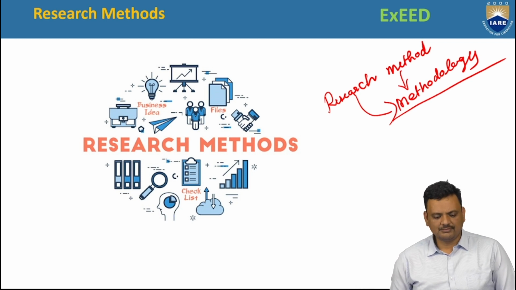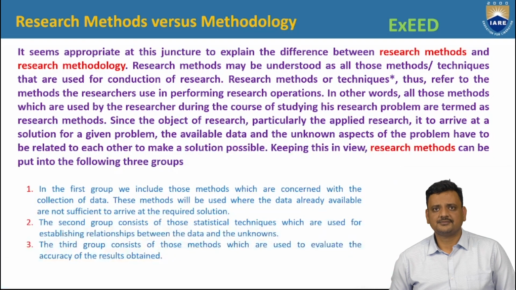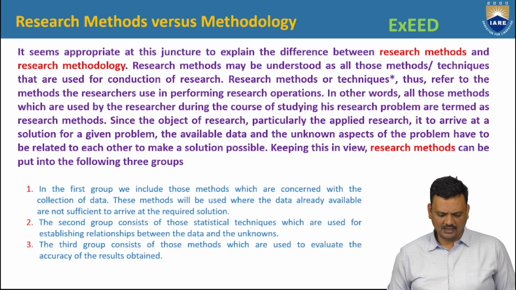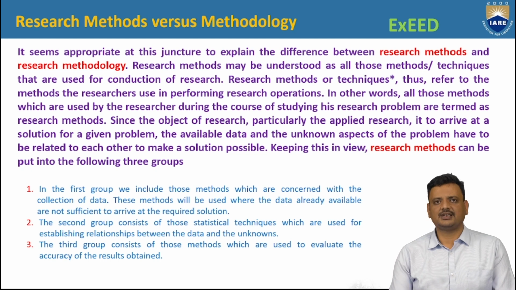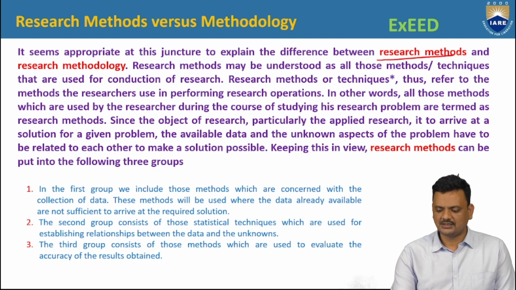So how we perform our research comes under research methods. I am going to tell here the difference between research methods and research methodology. It seems appropriate at this juncture to explain the difference between research methods and research methodology.